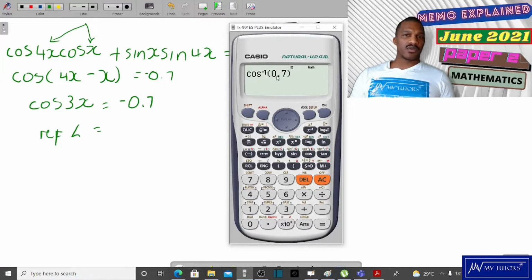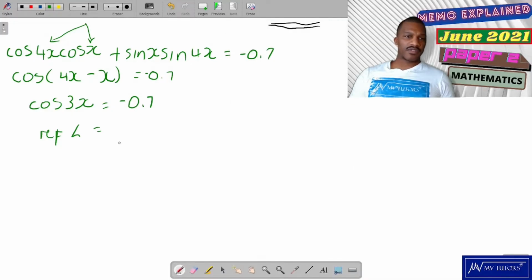I do the one where I put a positive sign, and then you'll see how that works out at the end. So our reference angle is 45.57. If you don't know how we got our reference angle, all we did was take the inverse cos of 0.7, and then it gave us that 45.57.